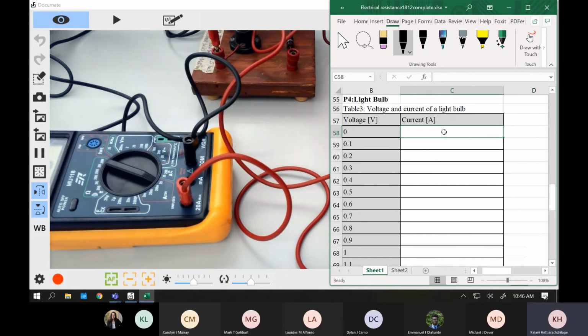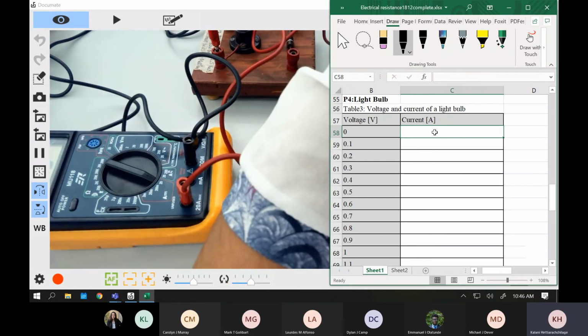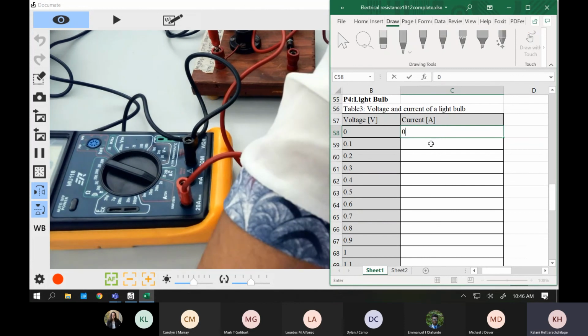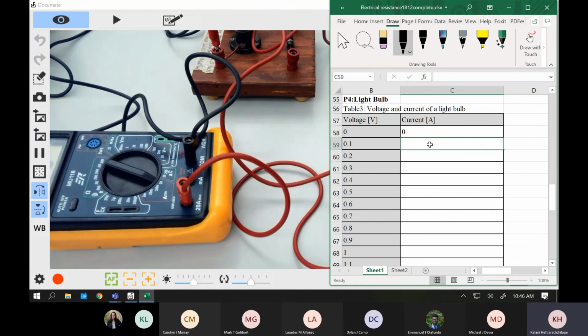So now you guys can increase the voltage. The 0 0 is the first reading, right? So we're going to write that down. And the next reading is 0.1, right? So now you're going to dial and change your voltage to 0.1. And then you're going to write your ammeter reading.